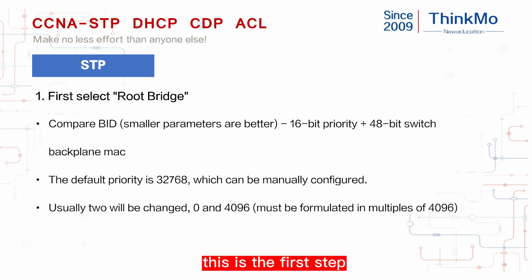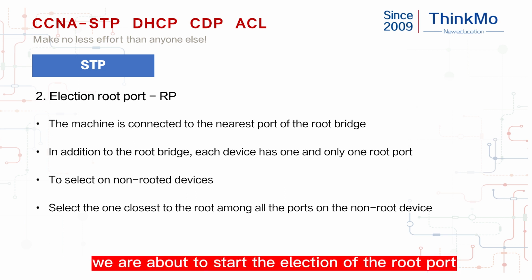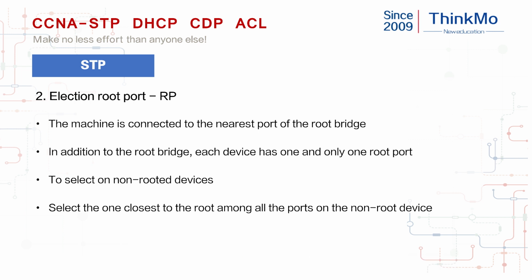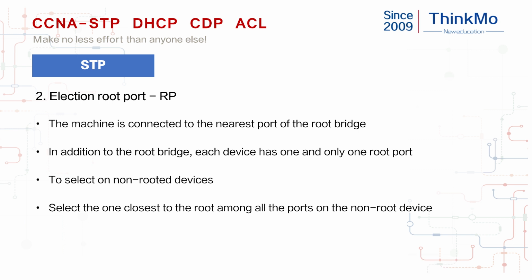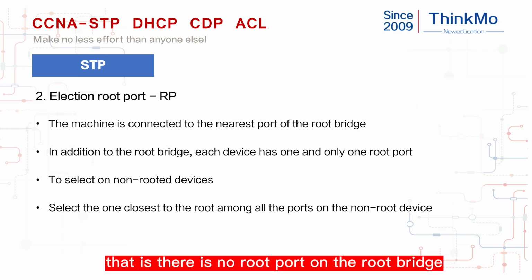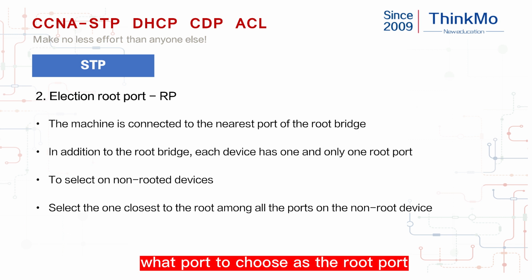This is the first step. Let's move on to the second step. We are about to start the election of the root port. First note that the root port is to be selected on non-root devices. That is, there is no root port on the root bridge. All ports on the root bridge are designated ports, and you have to choose the root port on the non-root devices. What port do we choose as the root port?